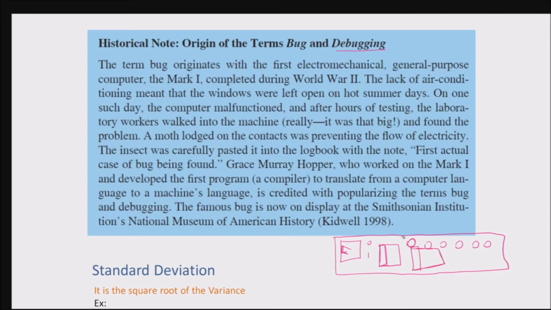So this is a huge building with a computer in it, and they had lights and switches like that in order to make it work electrically, right? Somehow, because of the open windows, bugs went in there. One bug went in and fried the circuit.